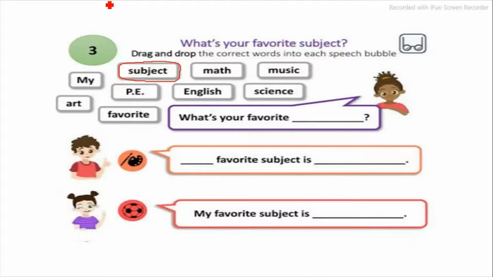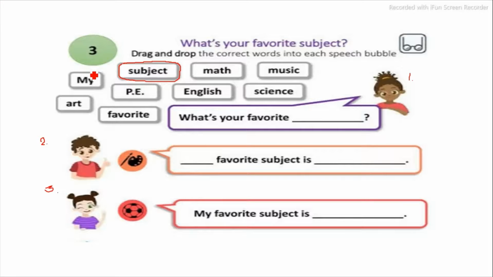Okay, let's call this number 1, number 2 and 3. Number 2, so it's got a space, favorite subject is. Okay, so what do you think is missing?